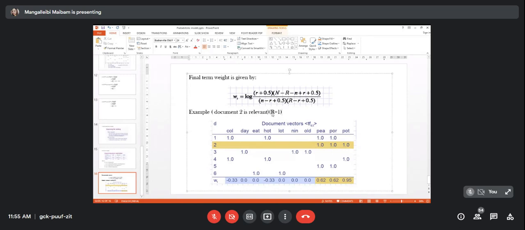And suppose document 2 and document 4 are relevant in this example, then what will be the value of capital R? 2. Yes, good. So capital R will be 2, like this.